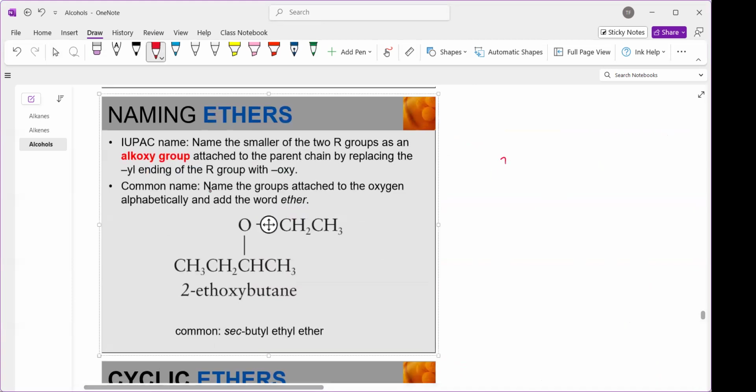Ethers have got a COC. Doesn't matter how long the C's are, you can have 29 carbons on either side. If it's got a COC, then it's an ether.